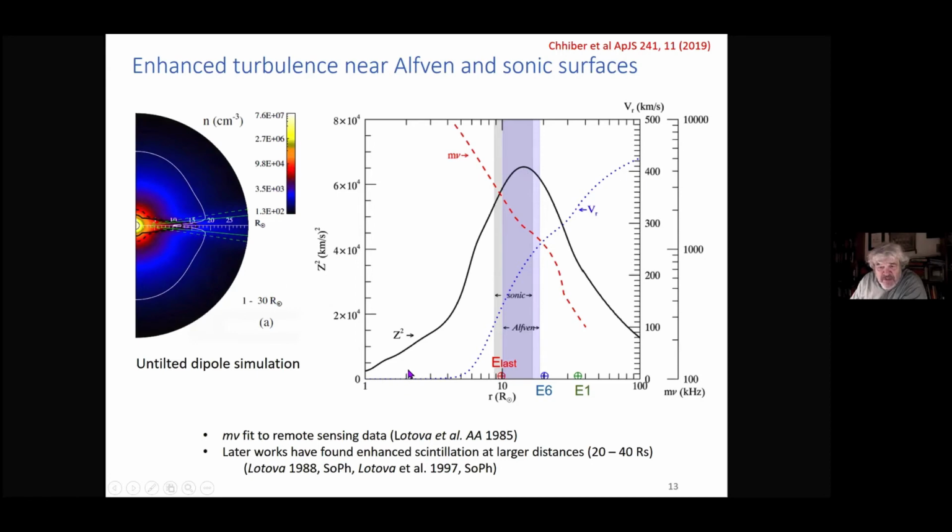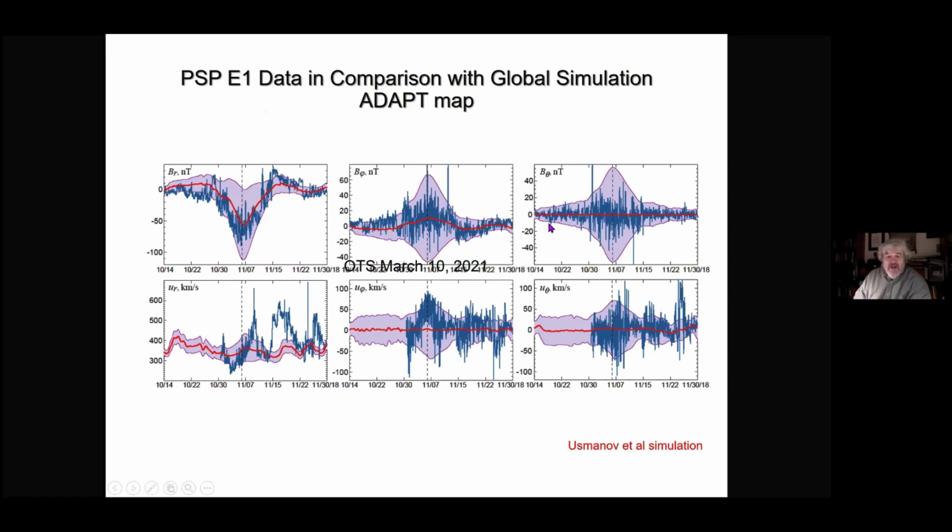In the same simulation that we did, the actual solar wind velocity is accelerating through this region. So we might expect very well that just outside this Alfven critical zone, we get some special kinds of turbulent behavior. So here we've taken the hour average Parker Solar Probe data from the first encounter, and that's in the dark blue curves.